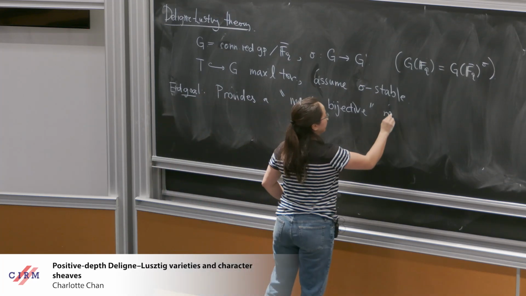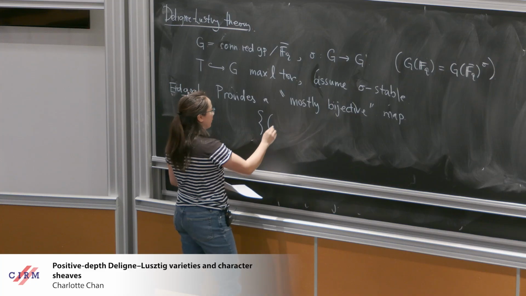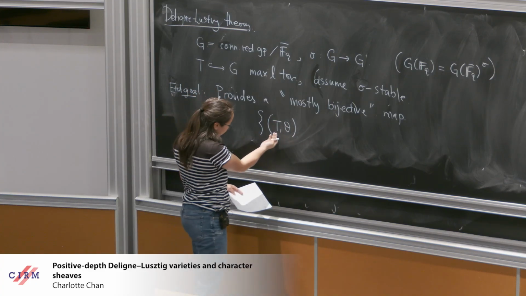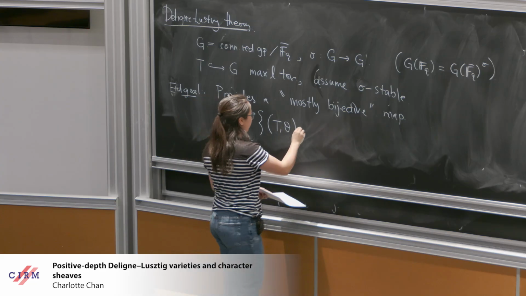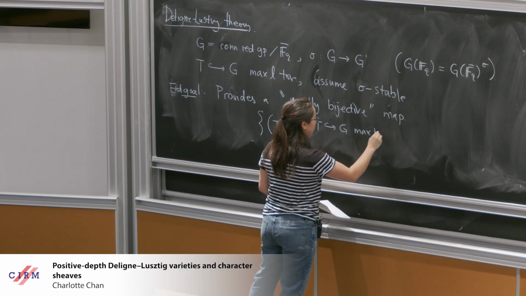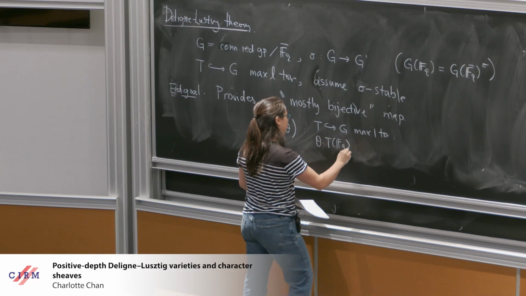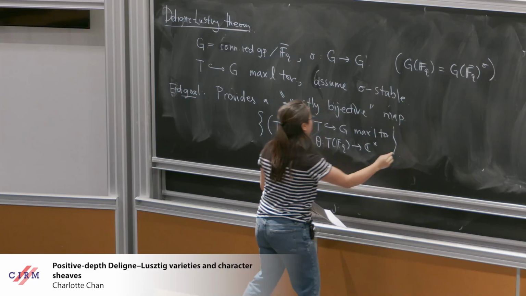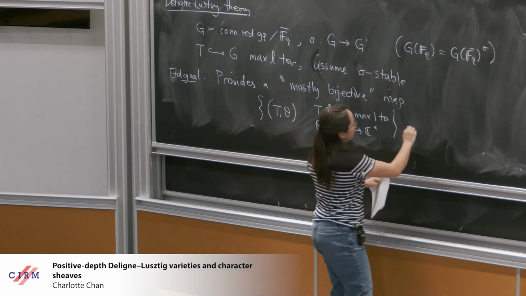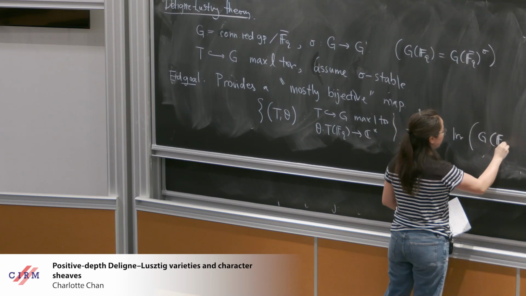A map between pairs given by a maximal torus and a character of the F_q points. Here, T inside G is a maximal torus, and theta is just a character, a group homomorphism to C star, from here to the irreducible representations of G(F_q).